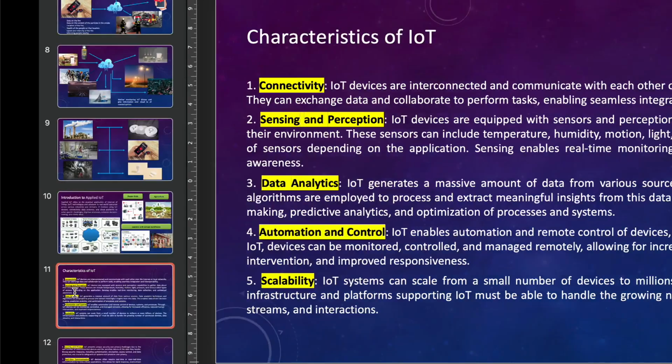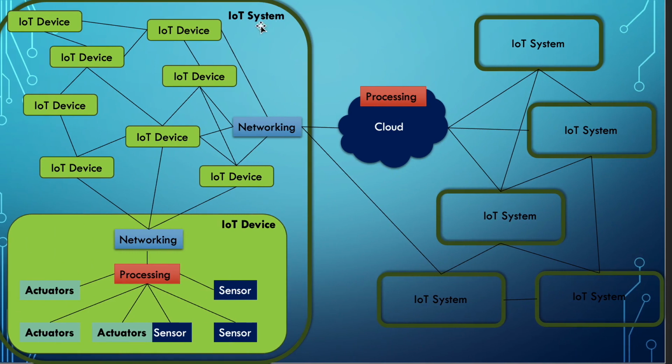As I told you, the scalability part of an IoT system exists because there are protocols dedicated to IoT devices. In an IoT network, we can keep adding IoT devices to that network.